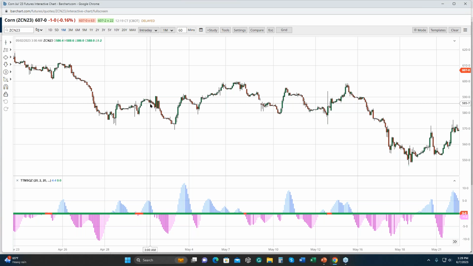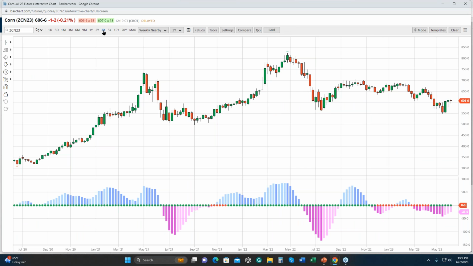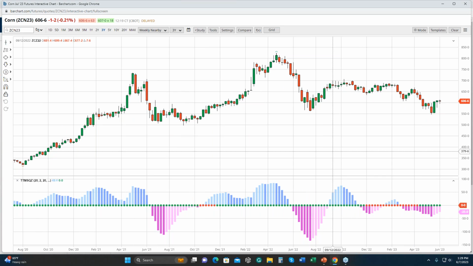That's because this trade is in opposition of the higher time frame analysis, the importance of using multiple time frame analysis. And that could also be because of our weekly, and where Carter believes weekly is where we should start all of our analysis with the squeeze. And you can see that as of April 10th, April 17th, we have been in a firing on the weekly basis for a short squeeze.